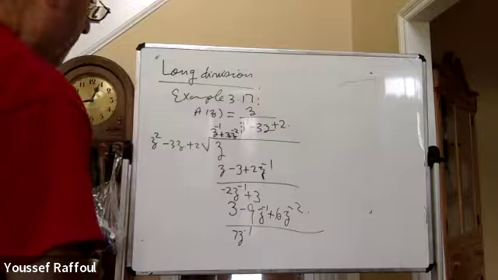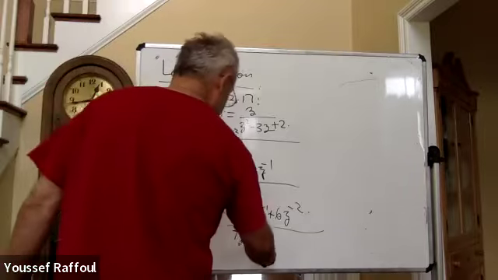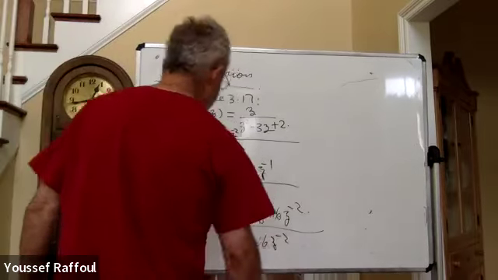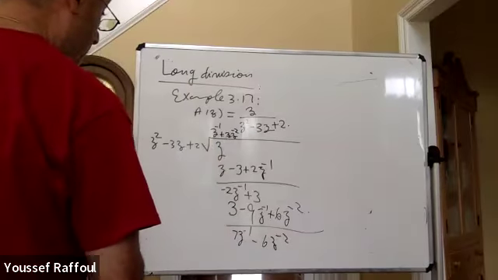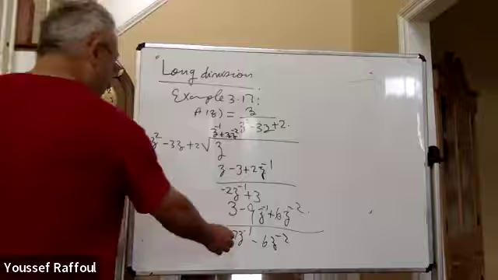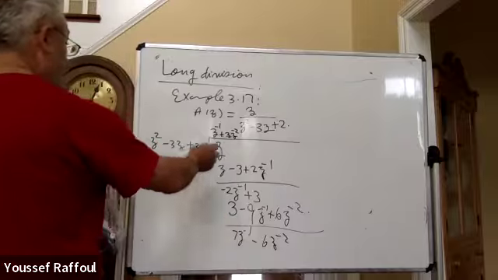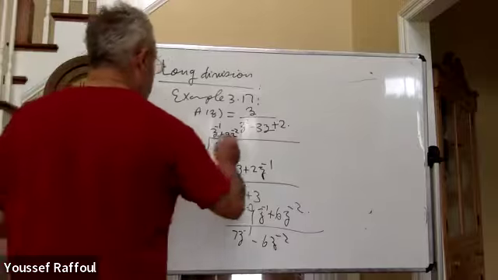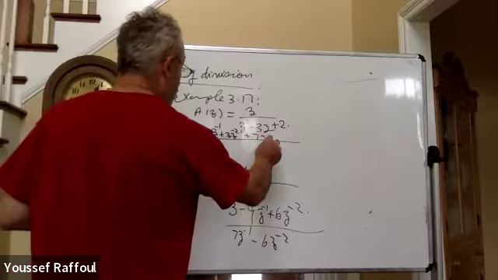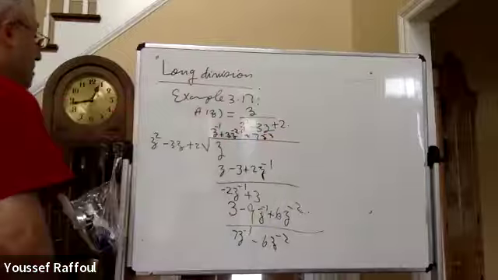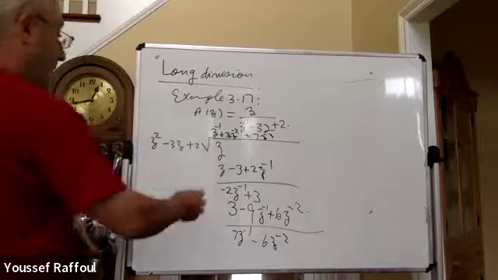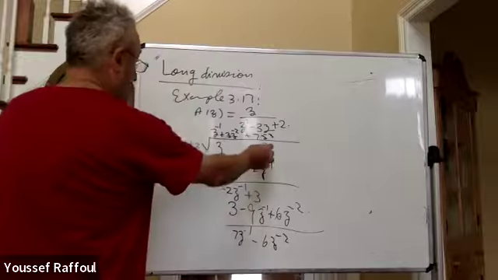The 3 goes away, and minus 6z to the minus 3. Then you want to try to get rid of this. You multiply by 7z to the minus 3, because you need to get rid of this.